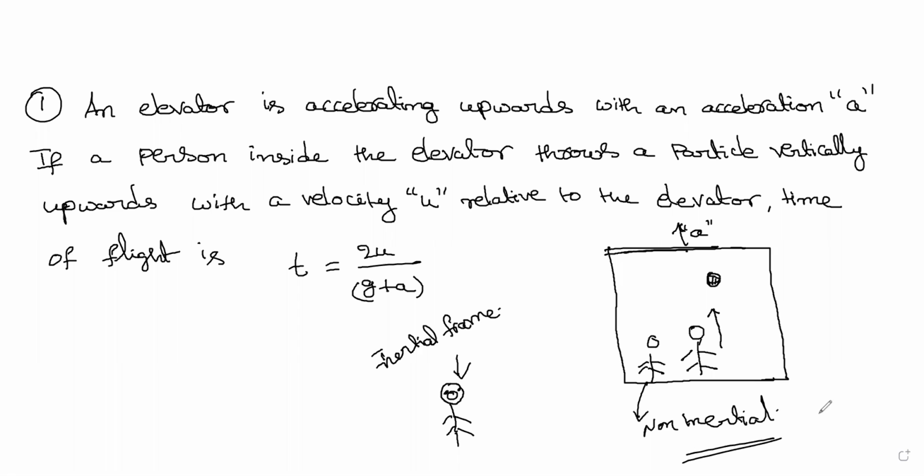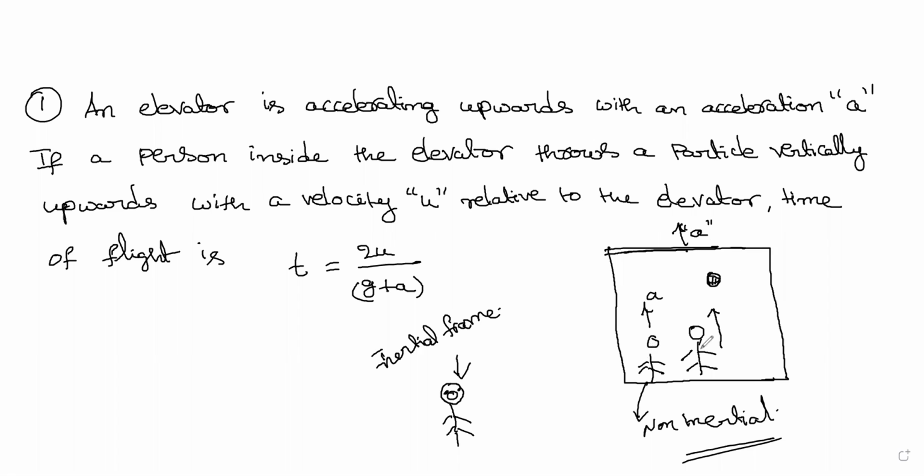Hello? Yes, sir. Okay, now when I go inside the lift, my acceleration is the lift's acceleration too. Okay? Yeah, I am also accelerating along with the lift, right? I am also going along with the lift, and I am also accelerating with A along with the lift.